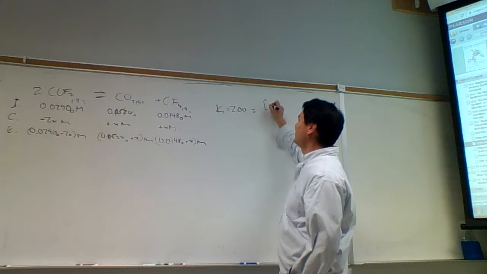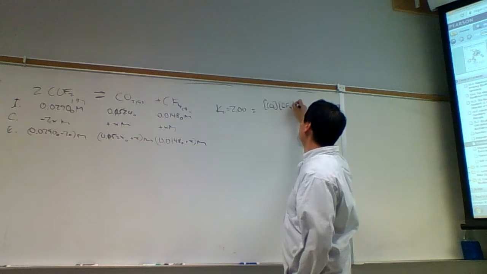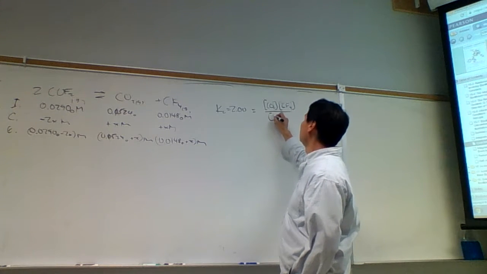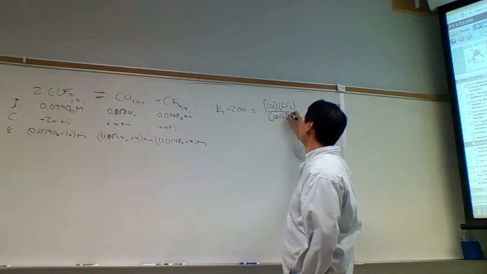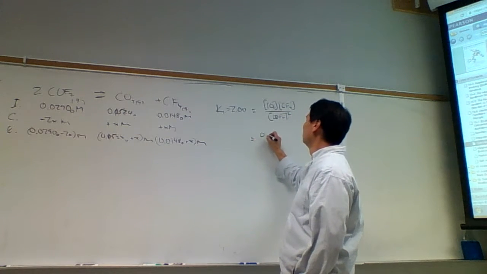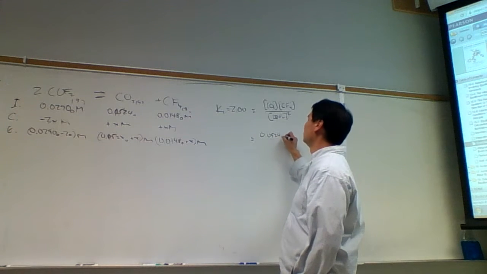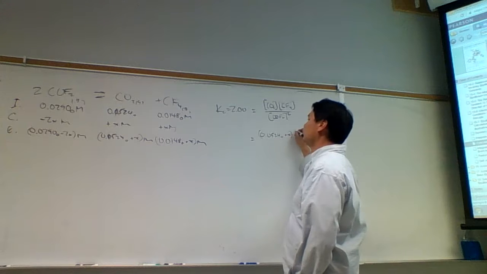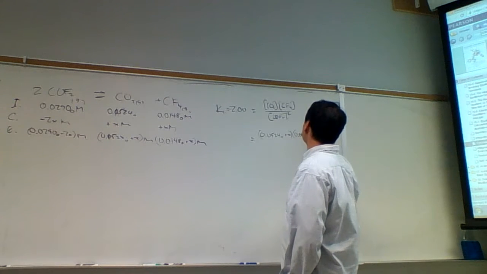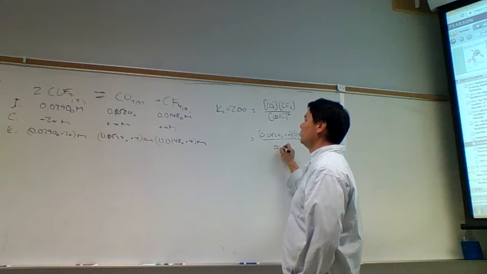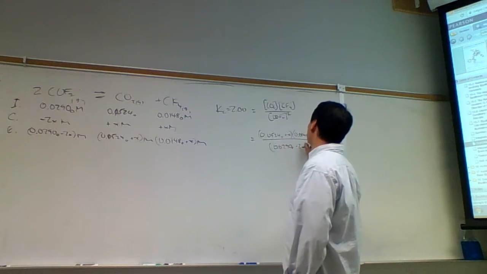So this is going to be the CO2 concentration times the CF4 concentration over the COF2 concentration squared. 0.05240 plus x times 0.01480 plus x over 0.02900 minus 2x quantity squared.